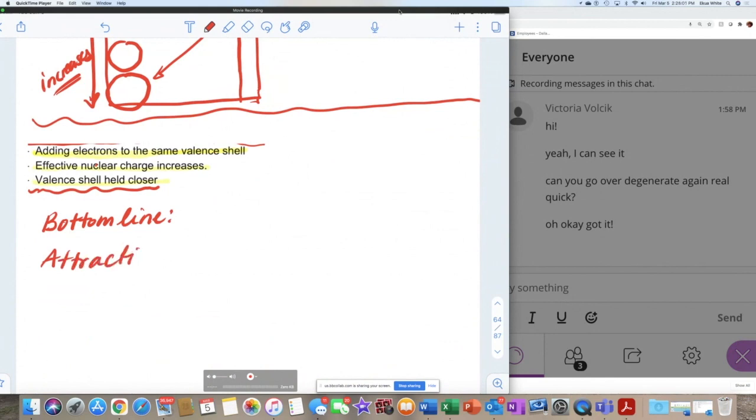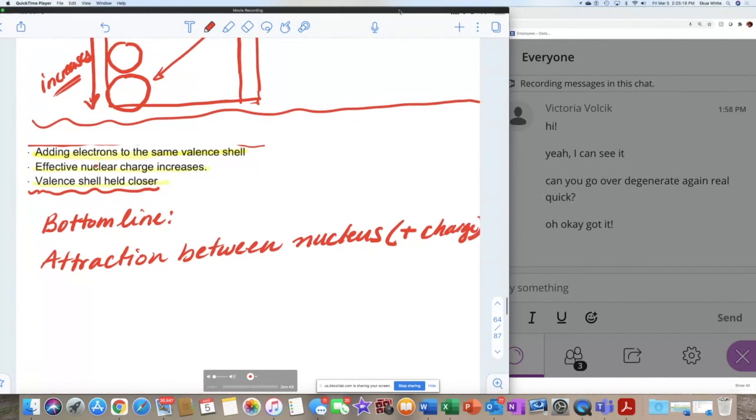Bottom line. Attraction between the nucleus, remember the nucleus is positive, right? The nucleus has a positive charge. So attraction between the nuclear positive charge and the valence electron. Remember, the valence electron is the one on the outer energy level, the one that's the nosebleed section.